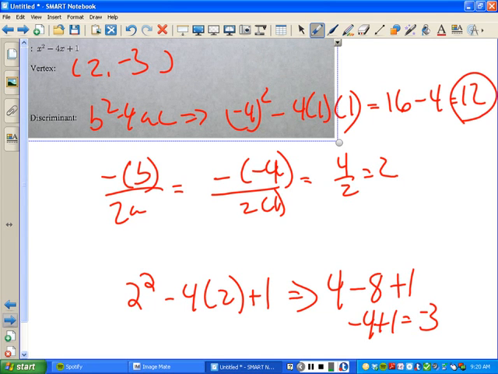Your discriminant is 12. And what does that mean? You'll have 2 x-intercepts. Okay. Any questions on that?